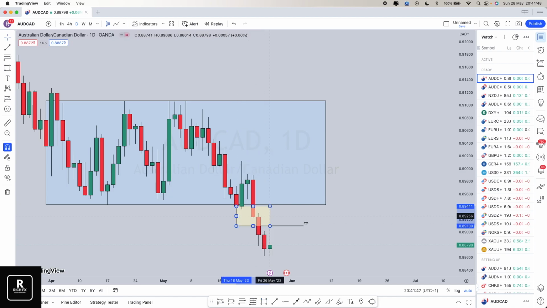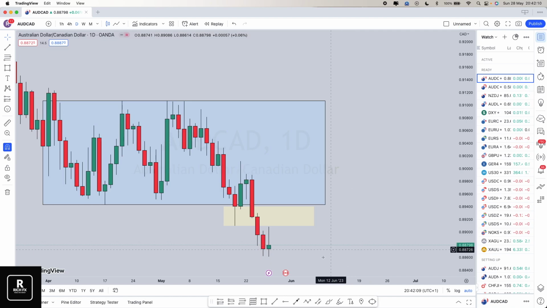So technically, this yellow box here would be our flip zone. So support basically turned into resistance. This bearish candle here is your support, and you can see price decided to go back into the box, came back down, broke below the low. So support turned to resistance. That's what we're looking for right now.